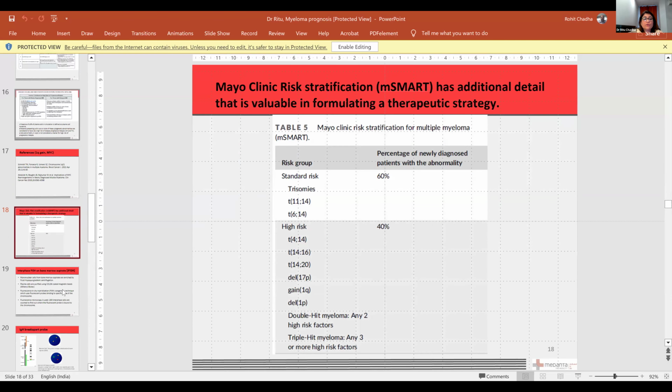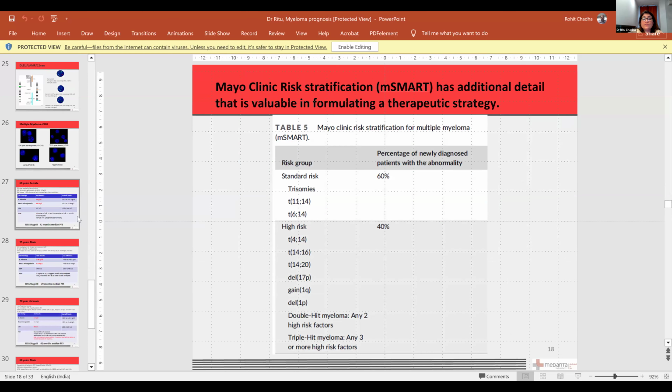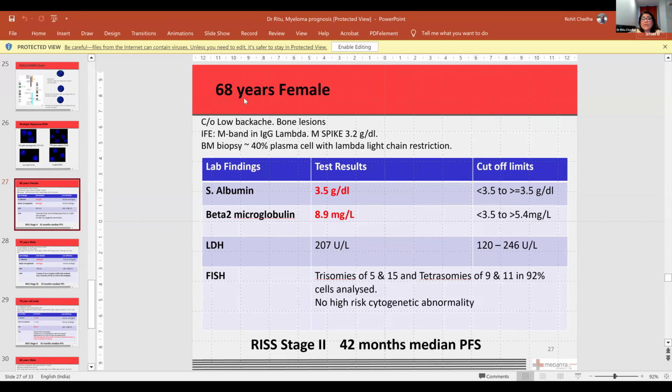Now I'll take you through certain real life scenarios. Here, a 68-year-old female patient diagnosed with myeloma has a serum albumin of 3.5. These are the cutoff limits given by the ISS, and the beta 2 microglobulin is high, LDH is within normal limits, and trisomies of 5 and 15 and tetrasomies of 9 and 11 are present.